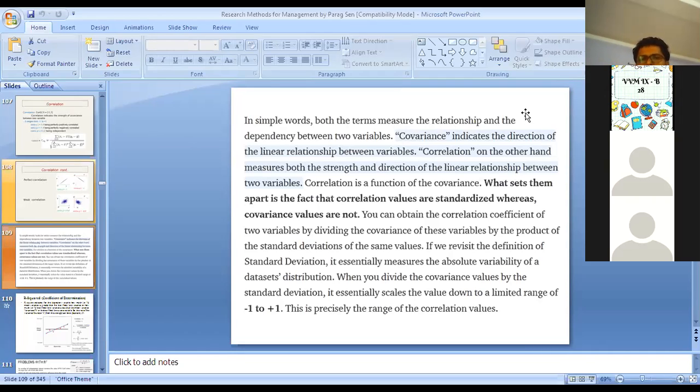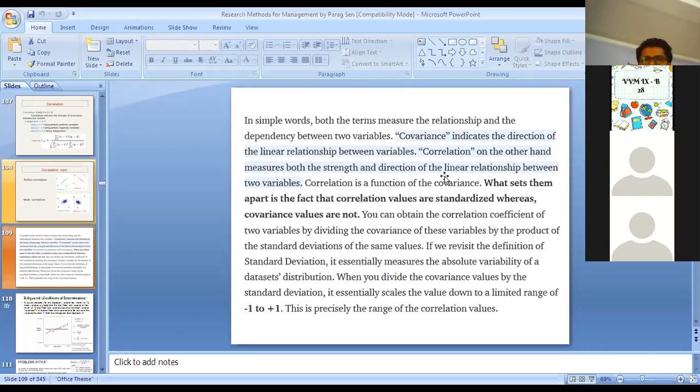But whenever you talk about correlation, suppose you have found the value of the correlation coefficient, or R. You are standardizing it, so the value will be from -1 to +1.